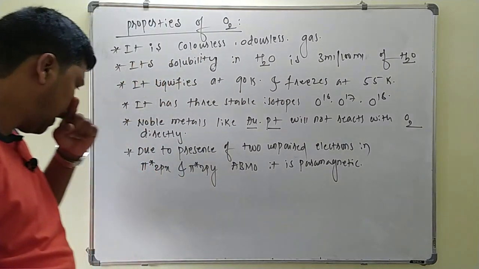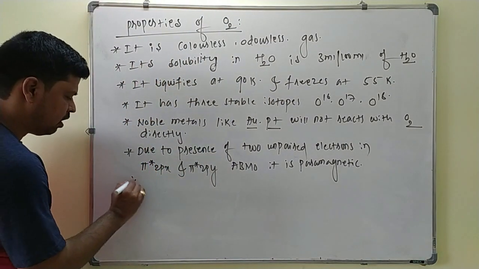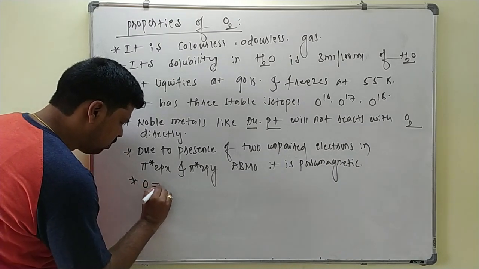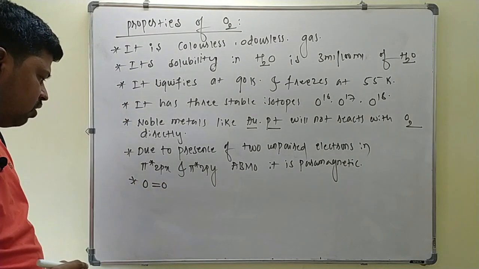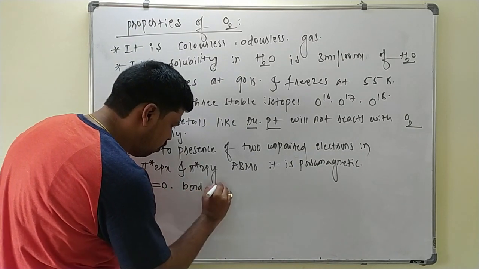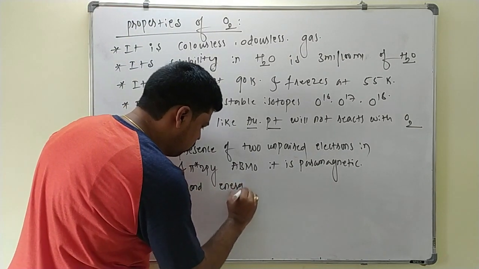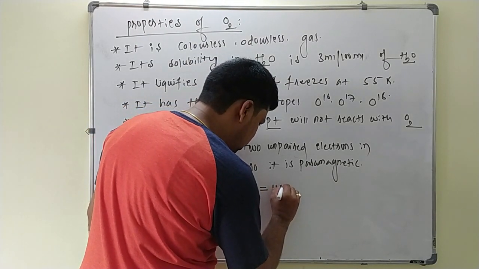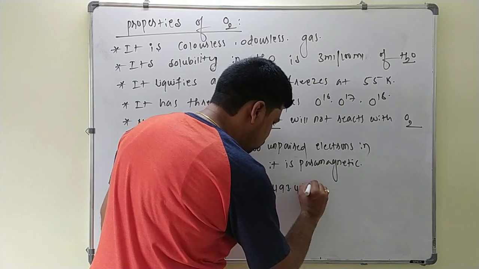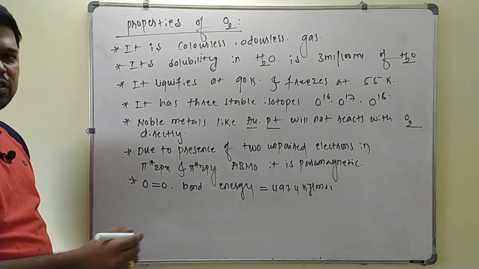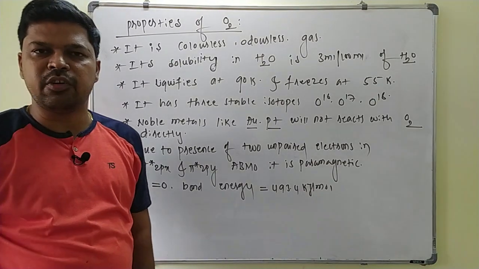It is paramagnetic in nature. Next point is the bond energy of the O2 molecule. Between the two oxygens there is a double bond, O double bond O. So bond energy will be equal to 493.4 kilojoule per mole. And this oxygen, already we know that it is a highly electronegative element.